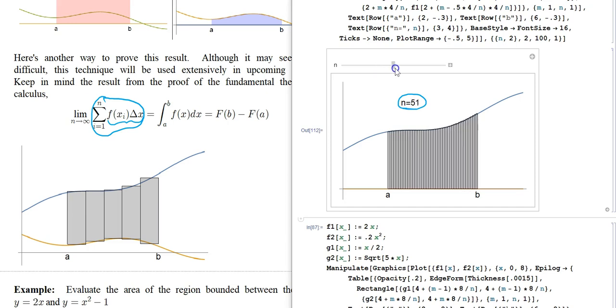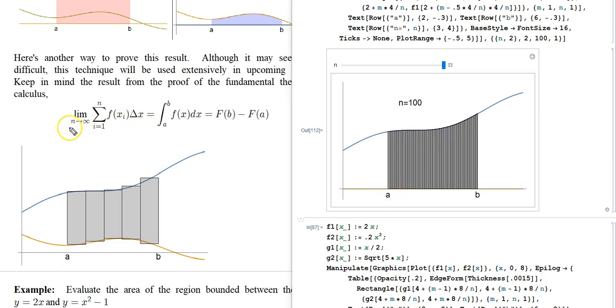And as n gets really big, it's near perfect. And in the limit as n goes to infinity, the summation is exactly equal to the area underneath the graph of the function and above the x-axis for x between a and b.